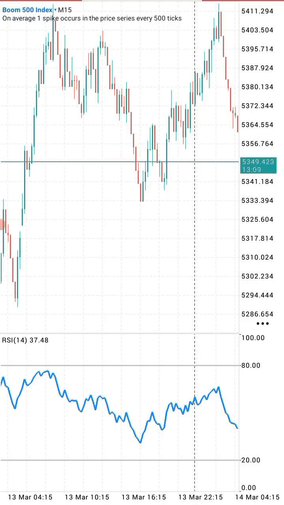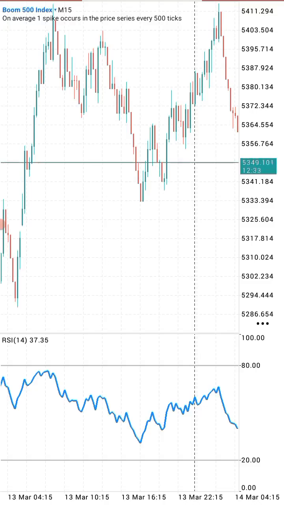Now, let me show you the hidden RSI trick that most YouTube traders don't want you to know. Instead of using RSI alone, combine it with trend indicators. In an uptrend, only take RSI buy signals, and in a downtrend, only take RSI sell signals.